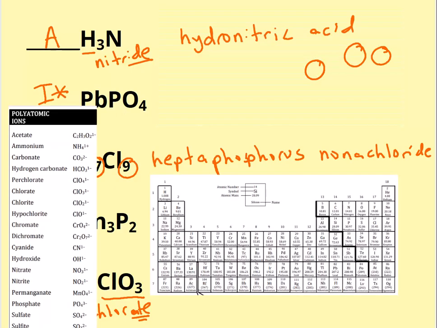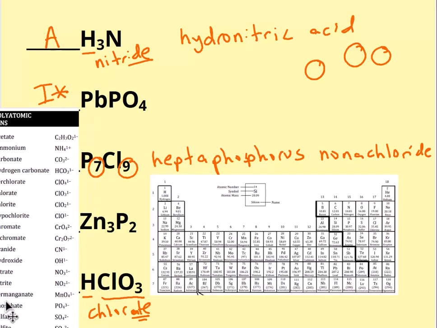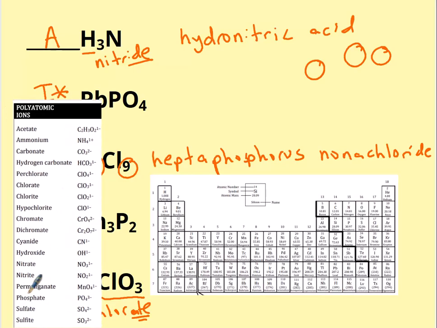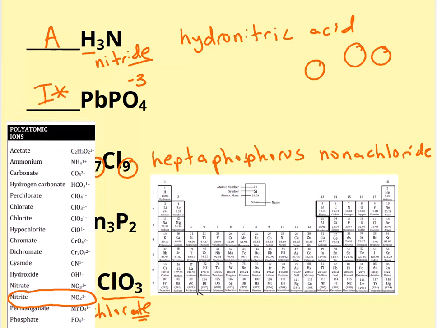Okay, and then the last one we need Roman numerals for. So I look at the second one, and we've got phosphate. Phosphate is a -3 charge. Notice that this is a polyatomic ion, and it's not in parentheses. So I do not multiply. If it helps, you can put parentheses around it and put a 1 there.